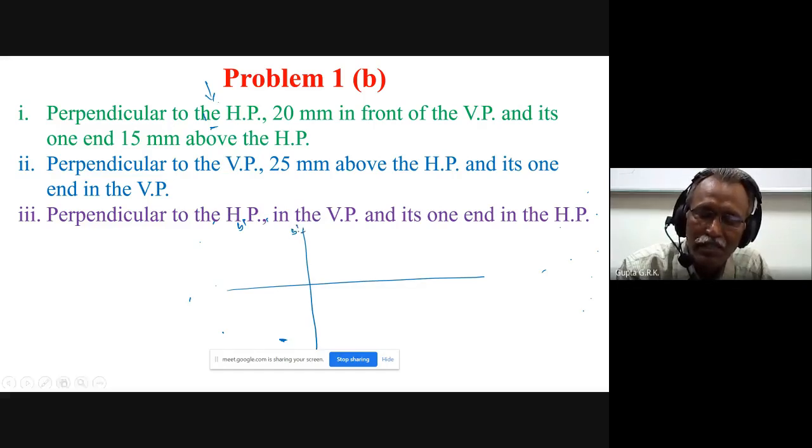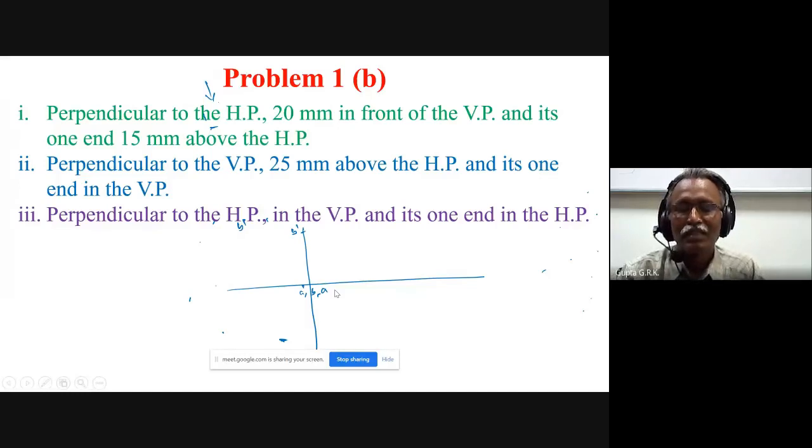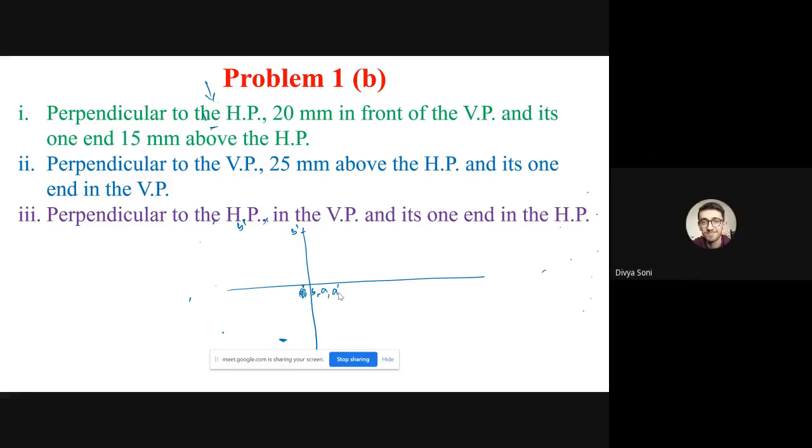This is B dash, this is A dash, and AB comes here. So you write B first and A dash later, or B comma A dash. The A dash can be at the beginning or at the end, but B should come first. Okay, sir.